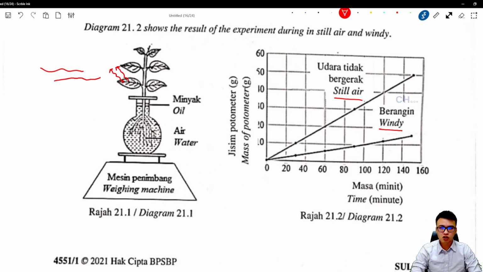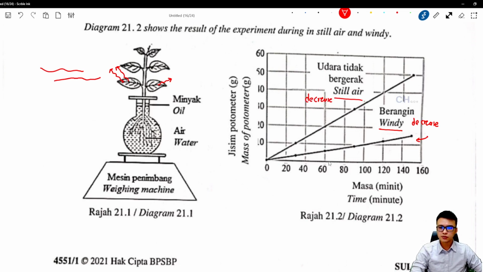So the mass of the potometer should decrease dramatically, not increase. For still air, you still have transpiration, but not that much, so the mass should decrease slowly. Maybe this graph is having some problem.